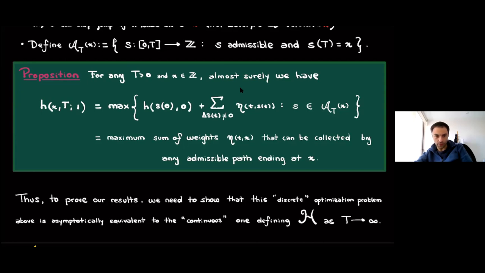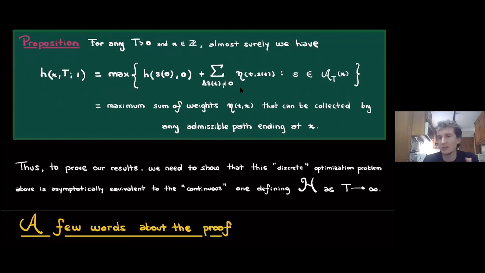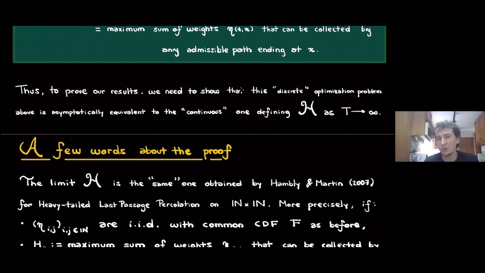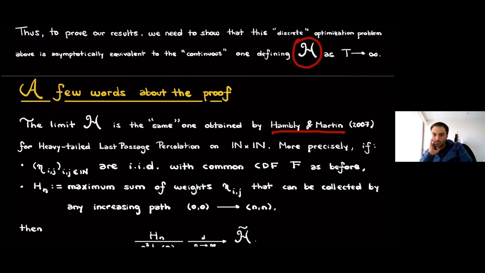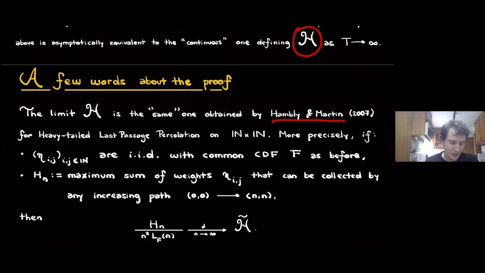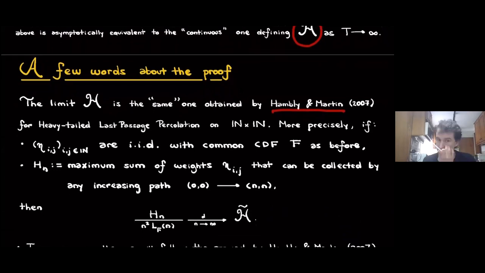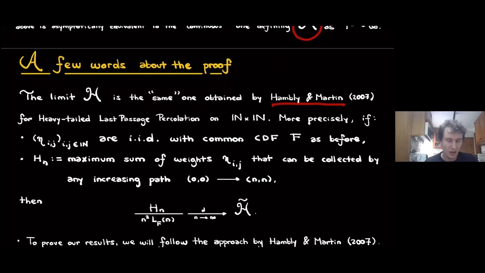Okay. No, so the only thing I want to say is that for the original last passage percolation model with heavy-tailed weights, the convergence to a continuous problem, which looks a lot like h, has already been done by Hambly and Martin a few years ago. Okay, and so basically what we have is what they have, and so we follow the same kind of approach. But we have a few differences.